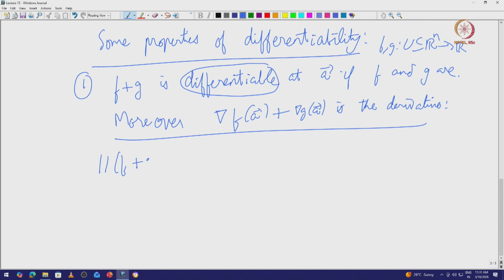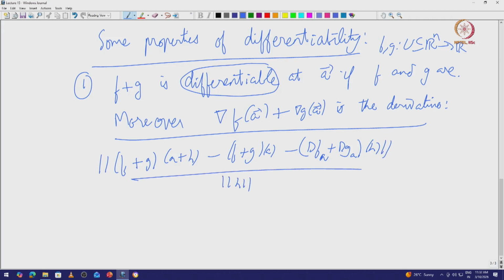So what does it mean for this to be differentiable? The linear approximation must hold. Right. So this is less than. You simply use the triangle inequality.